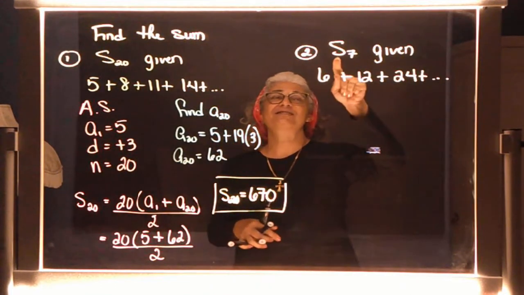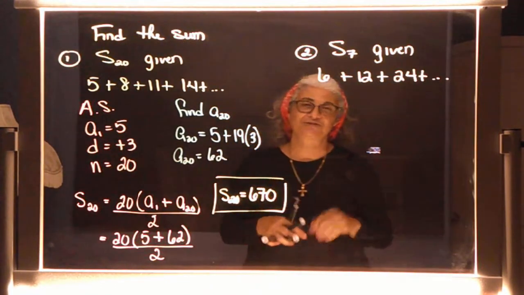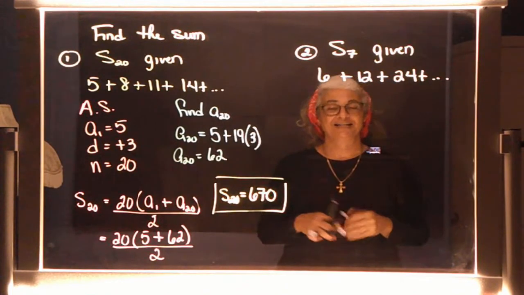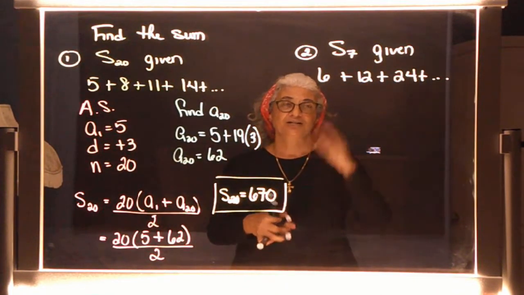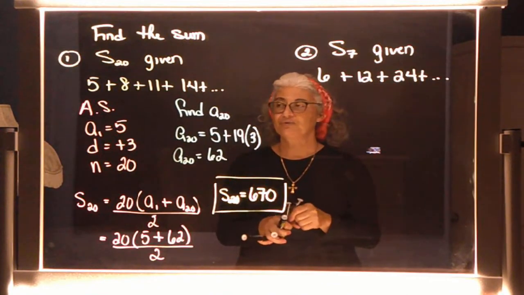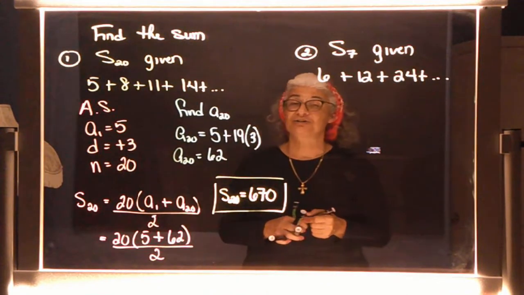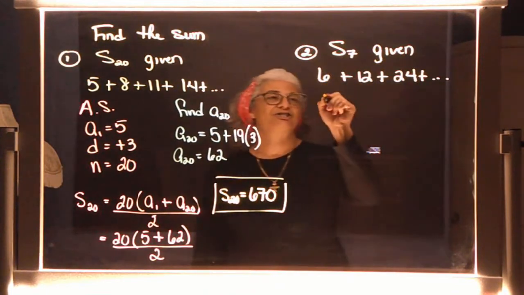They want us to find the sum of the first 7 terms. Excellent. And again, I need to know if this is an arithmetic or geometric sequence. Go ahead. You figure it out. I'll wait. Good, I heard you. What is it? Yeah, it's geometric.